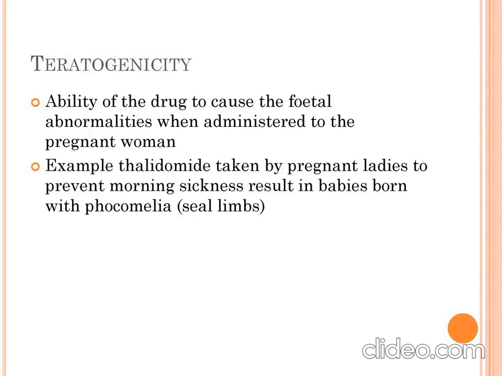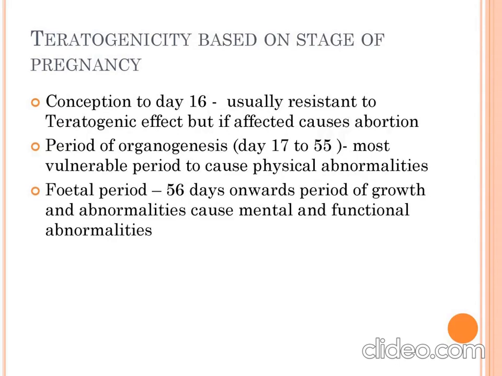This teratogenic effect is further divided under three headings, based on how the drug affects the developing fetus in the mother's womb. Based on the stage of pregnancy, from conception to day 16 of life, this phase is usually resistant to the teratogenic effect. But if the fetus is affected during this phase, it can result in abortion.